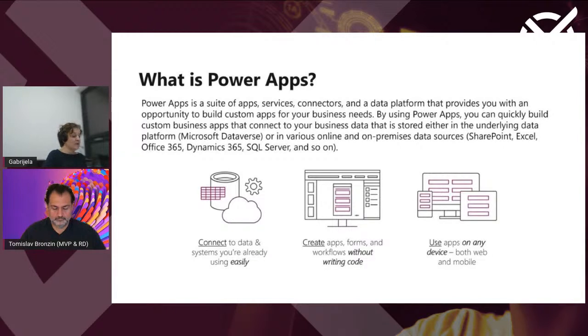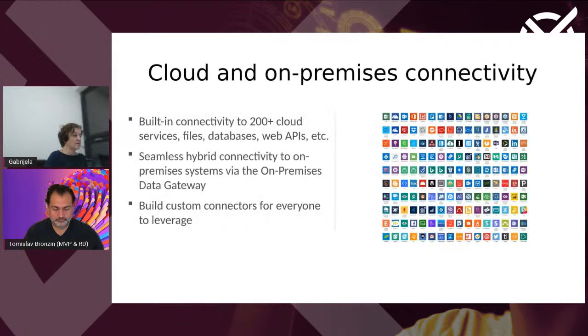So similar to Power Automate and other Microsoft 365 automation tools, Power Apps comes with some features and tools to help create apps that don't require coding. So this includes a library of sample apps that you can use as a starting point for making your app. It has a library of over 200 connectors.